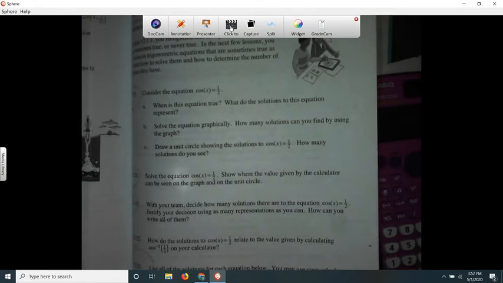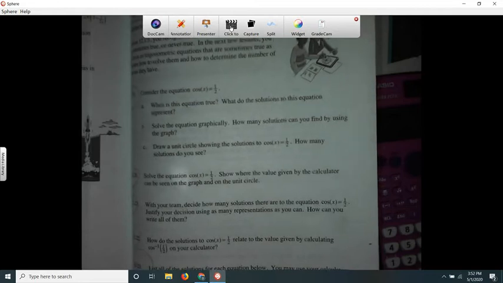12-23 says, list all of the solutions for each equation below. You may use your calculator, but you must write your solutions in exact form and represent your solutions both graphically and on a unit circle. So I'll try to go through these real quick. It says 2 times cosine x plus 1.